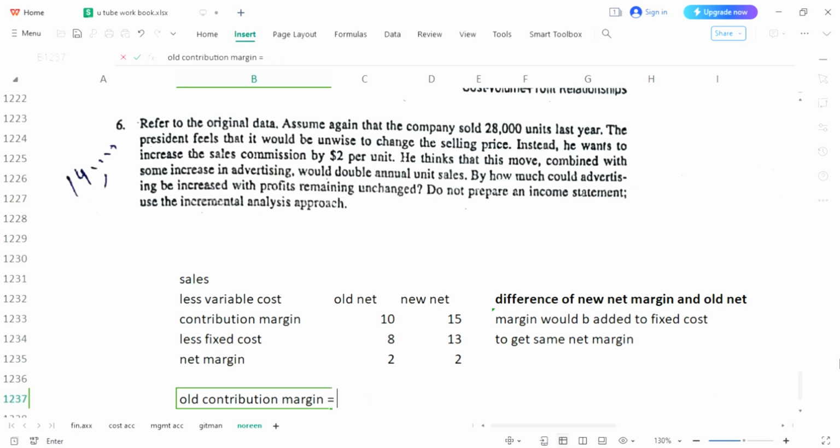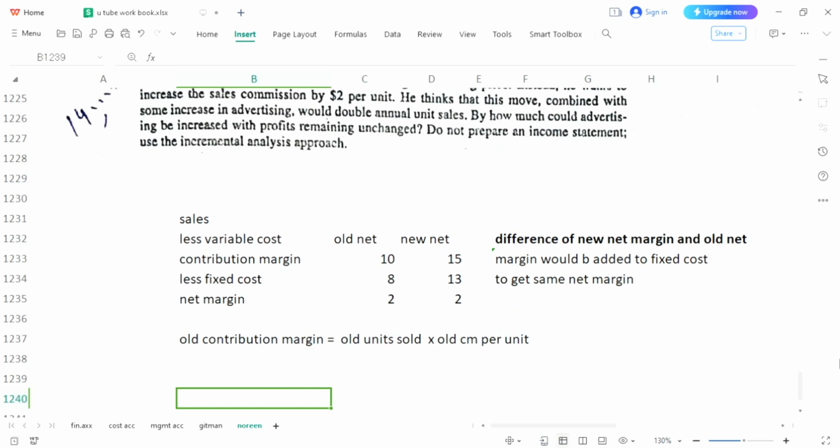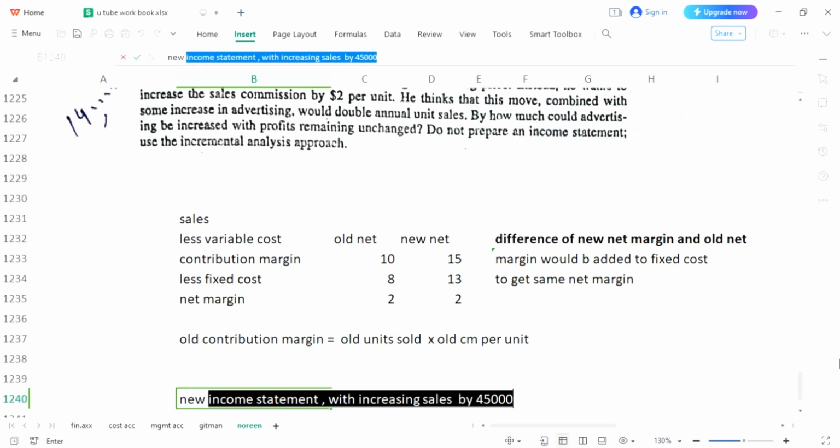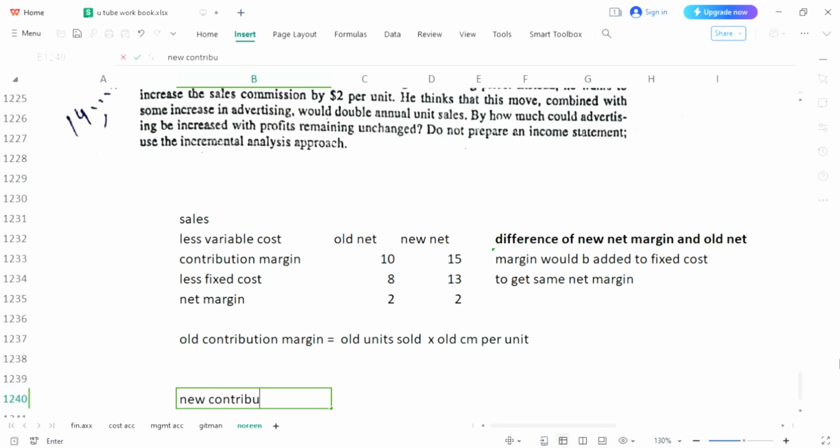Since you are taking old, you will take old units sold and multiply it with old CM per unit. And then you will calculate your new contribution margin. How? With new units sold multiplied with new CM per unit.